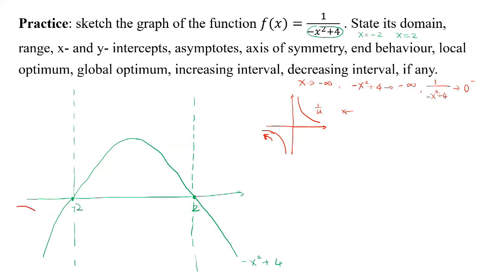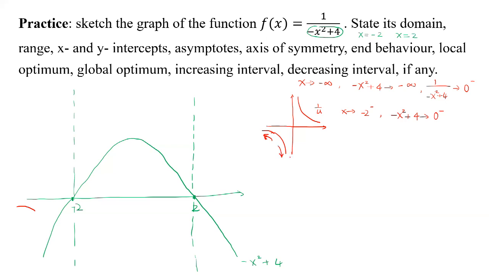We also need to check when x approaches -2 from the negative side. Then minus x squared plus 4 approaches 0 from the negative side.